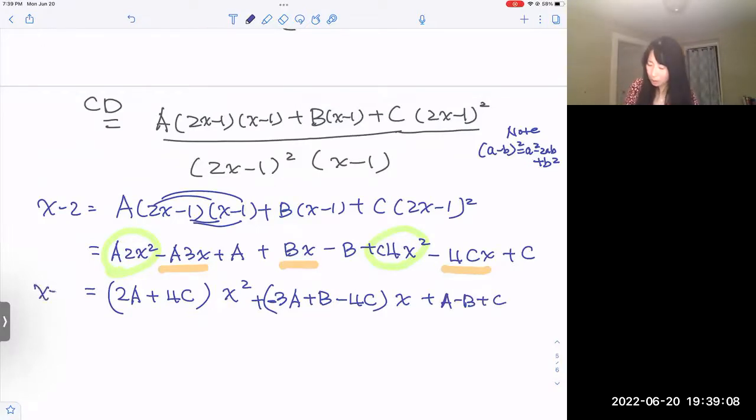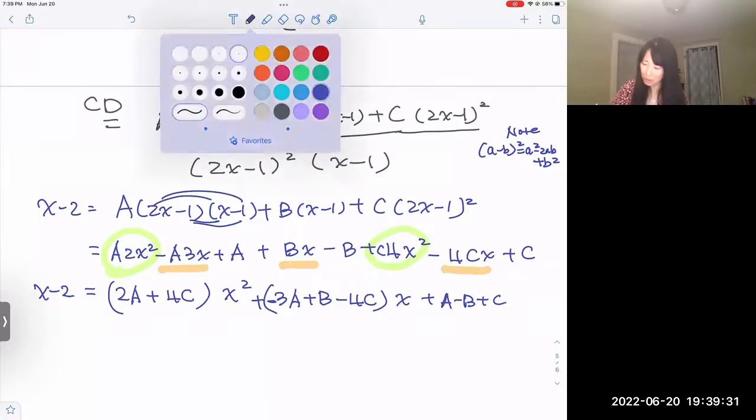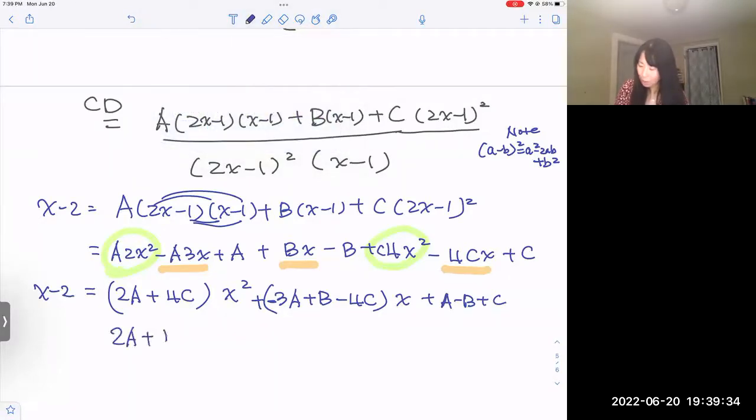So looking at this, can you see that there is no corresponding x squared term on the left? X squared is 0. So we write down 2a plus 4c equals 0. Now the x term, which corresponds to this one.